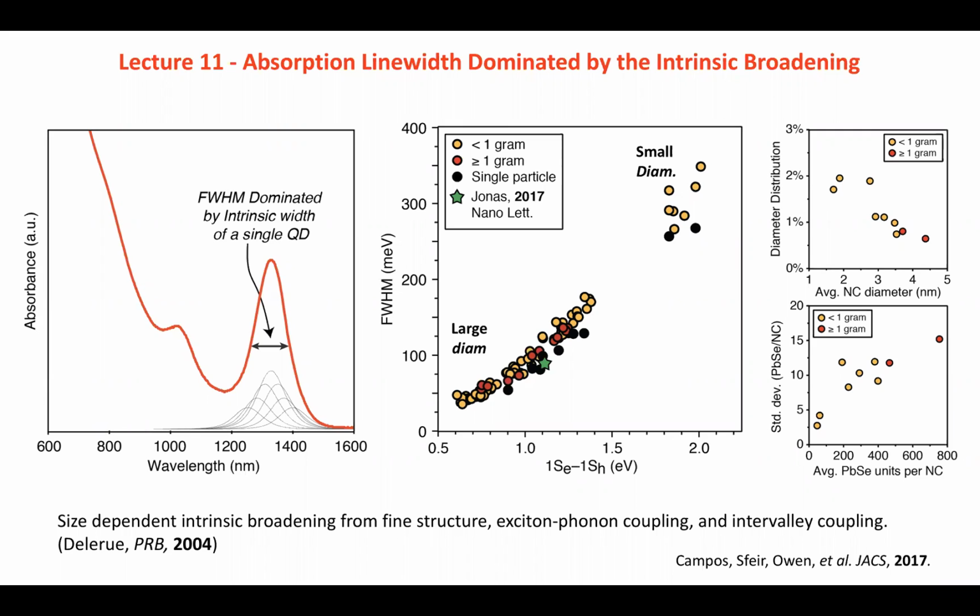Now, on this same graph, we've plotted in black here and also this green star measurements of the width of a single size. Okay. So what you can see is that if you just had a single nanoparticle and you looked at its absorption spectrum, it actually broadens as you get smaller.